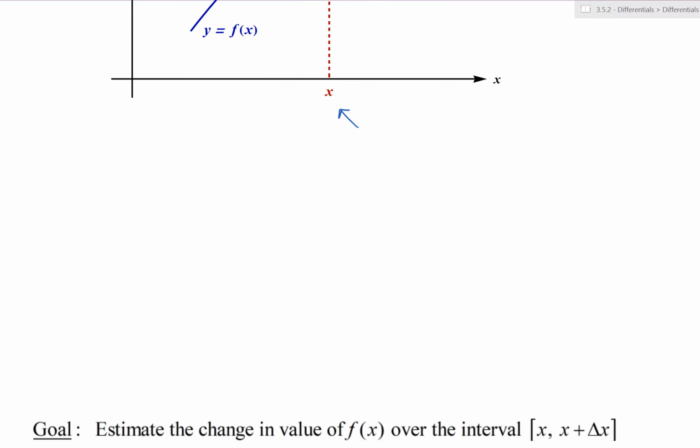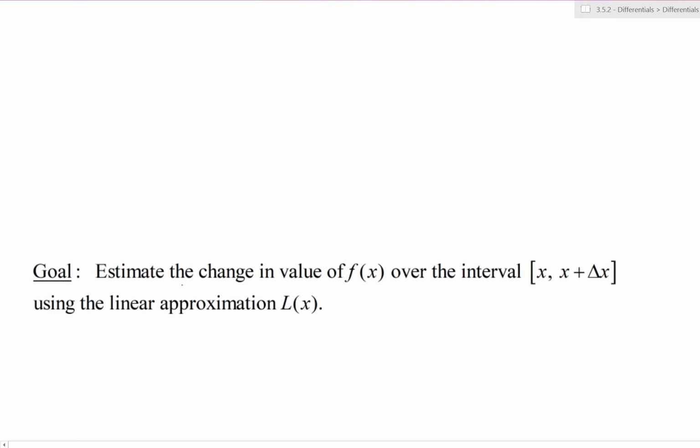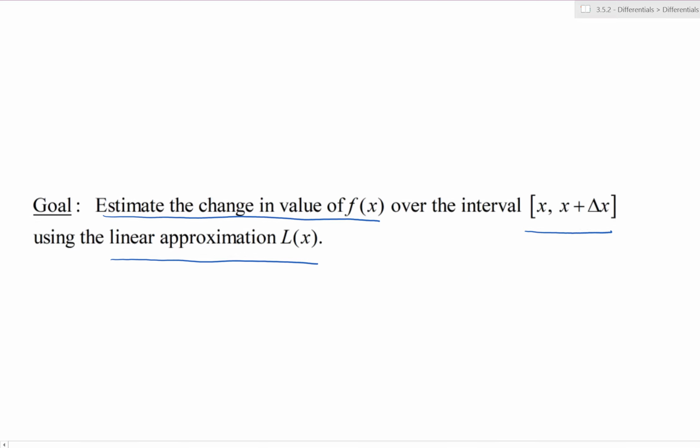However, we're going to look at something slightly different here. Our goal is to estimate the change in the value of the function f of x over an interval, let's call it x to x plus delta x, using that same linear approximation L of x. So we're estimating the change in output values rather than just the values themselves.